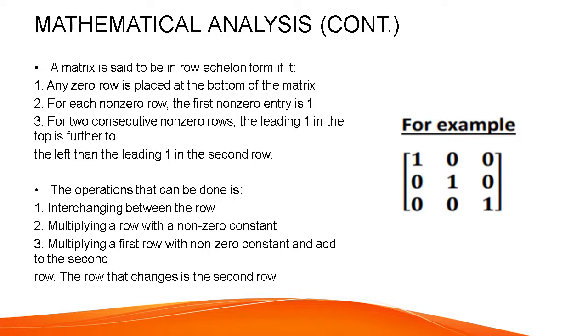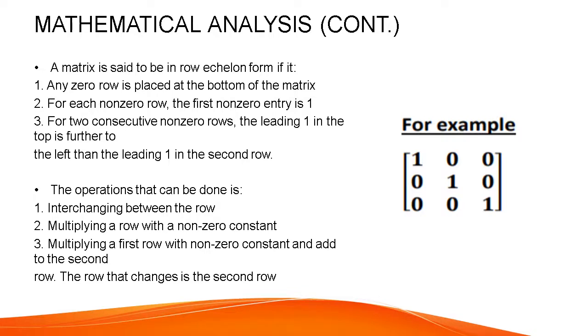Number 2, for each non-zero row, the first non-zero entry is 1. And number 3, for two consecutive non-zero rows, the leading one in the top row is further to the left than the leading one in the second row. You can look at the example given.